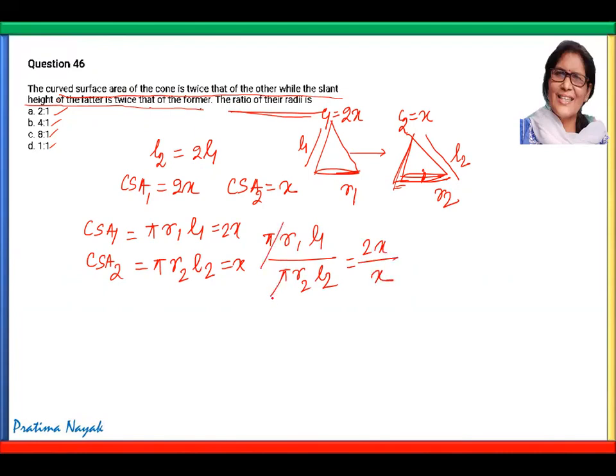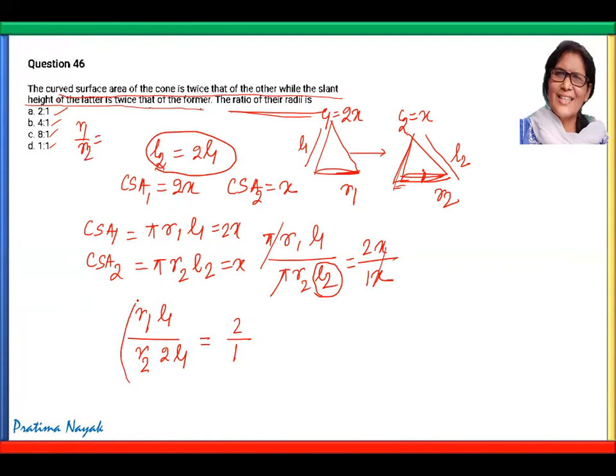Pi cancelling, x cancel. So R1 L1 upon, now I'll replace this L2 by this relation. So I'm writing L2 as 2L1 is equal to 2, 2 means 2 by 1. What I need? I need R1 by R2.